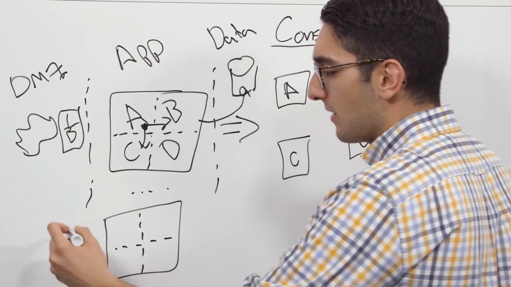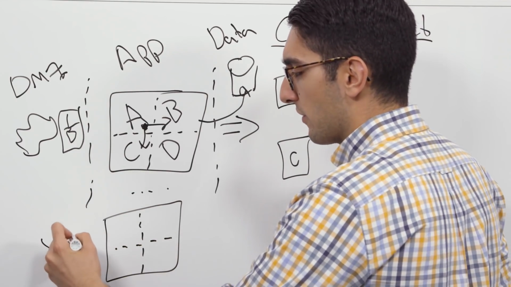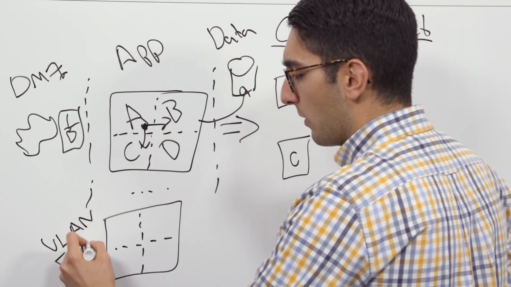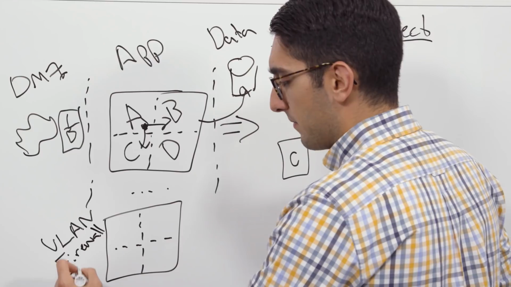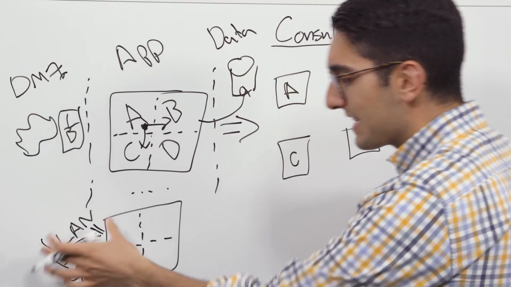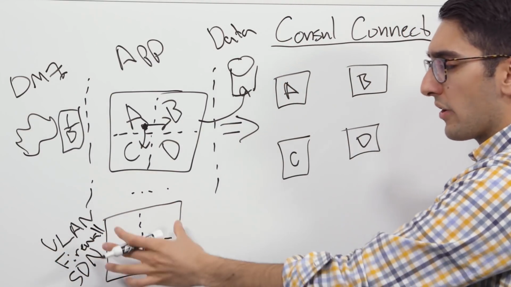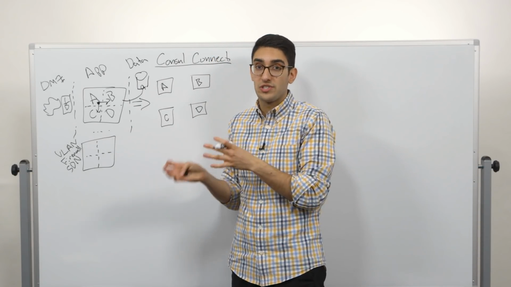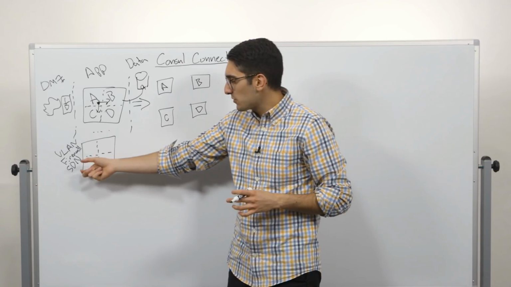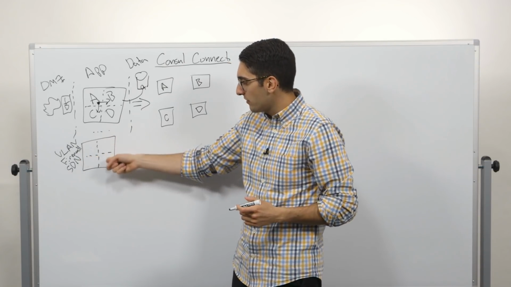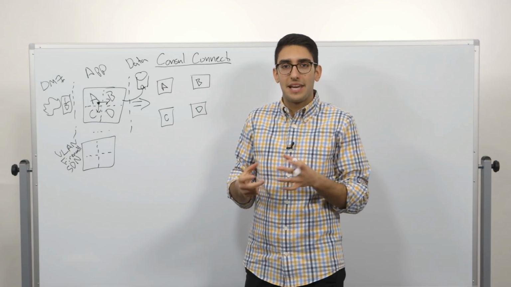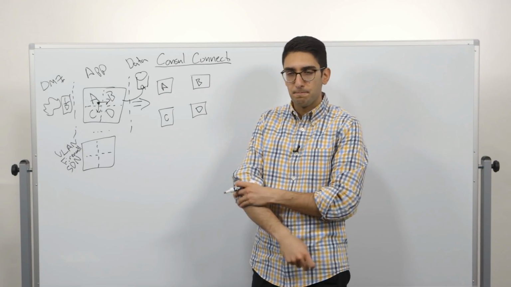And this would be done with a number of different technologies. We'd use either virtual LAN, we'd use firewall, or we would use software-defined networks, right? Or overlays. And what these let us do is, even though we had one larger physical network, we're splitting it into these smaller virtual segments. But nonetheless, this was meant to be coarse-grained because each of these segments might still have dozens or hundreds of different applications within it that can all talk to each other.